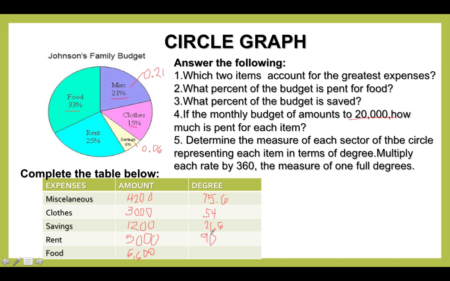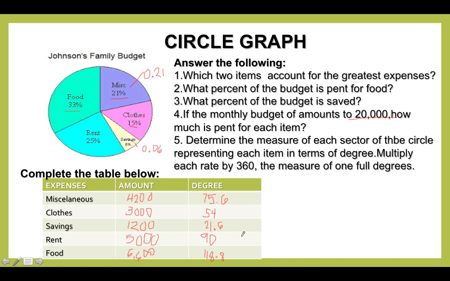And finally, for the food, that's 360 times 0.33. So the answer is 118.8. And now, ang gagawin lang dyan is, i-total mo lang para tignan natin kung 360 yung makukuha.